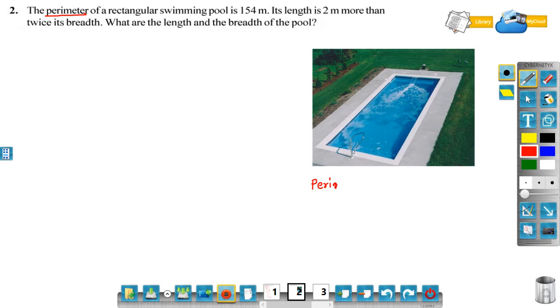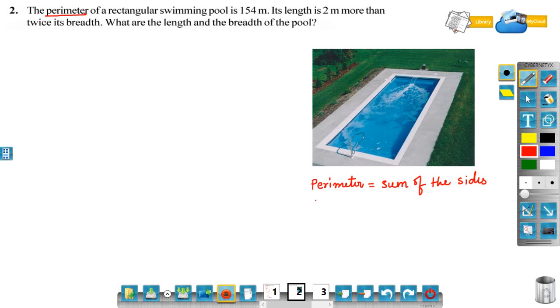Perimeter means sum of the sides. How many sides are there in a rectangle? There are 4 sides, 2 lengths and 2 breadths.